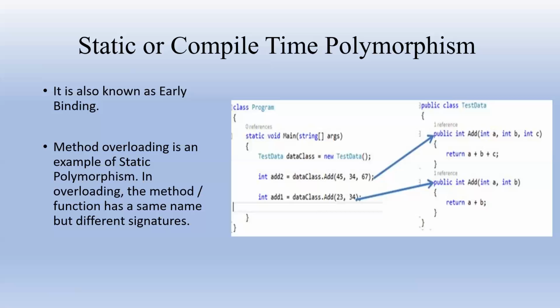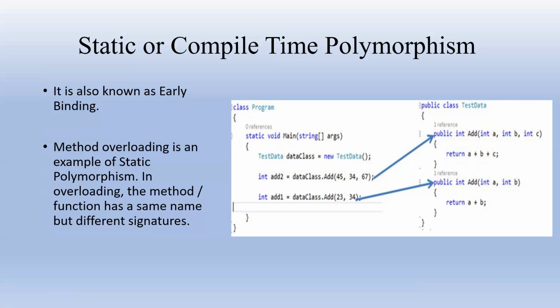So inside class test data, we have two methods with the same name, add, but their signature is different. In the first add method, we have three parameters of integer type, whereas in the second add method, we have two parameters of integer types. So there is a difference in the signature of the method.